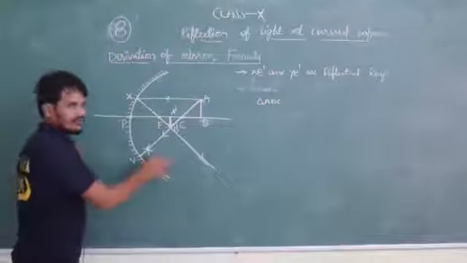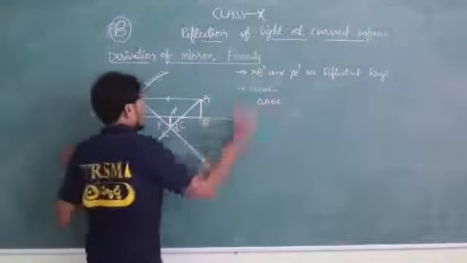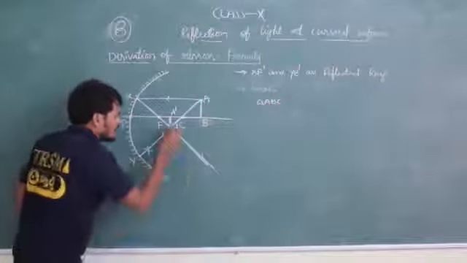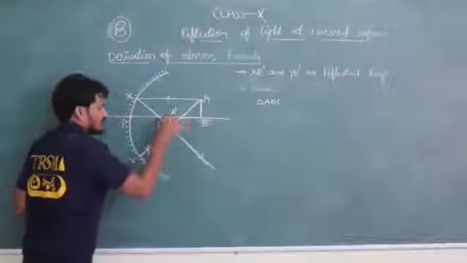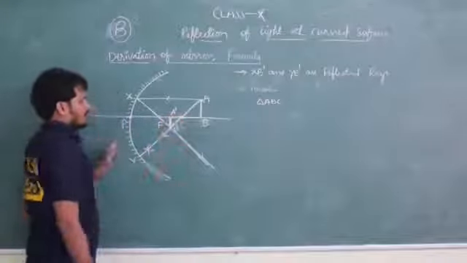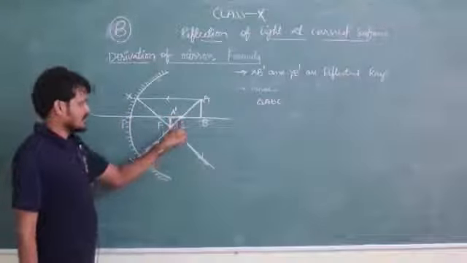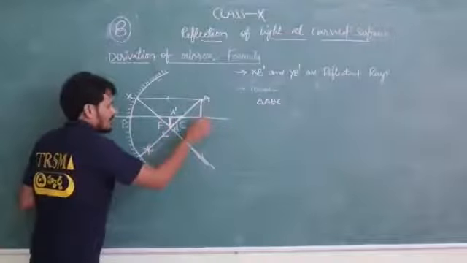It is a right-angled triangle. From the given figure, triangle ABC, and next observe one more triangle, triangle A dash B dash C. Look here clearly: triangle A dash B dash C and triangle ABC.